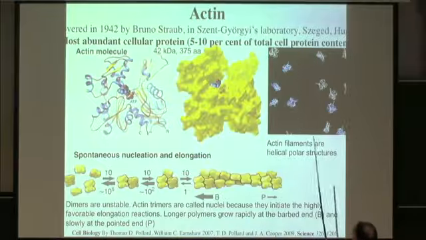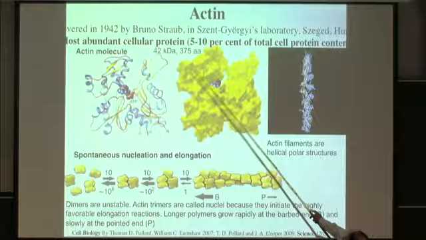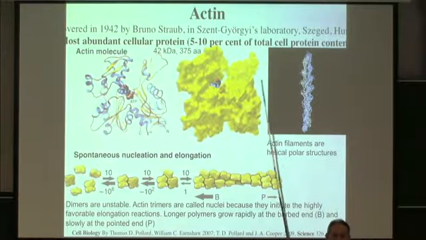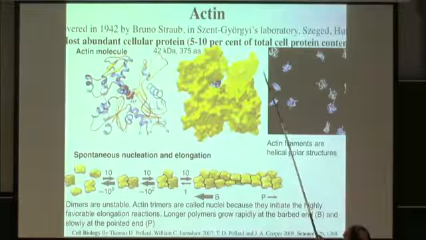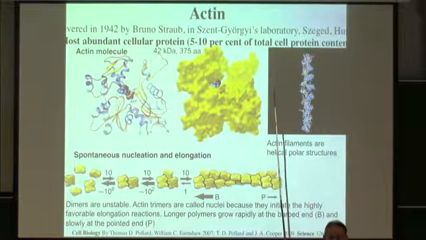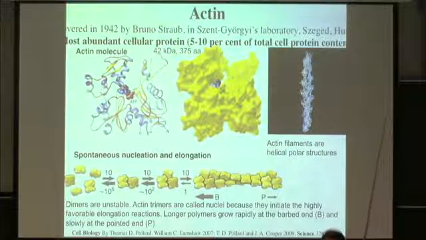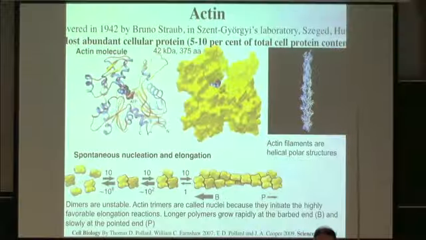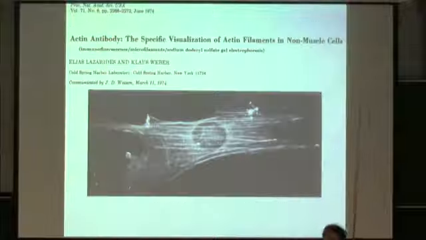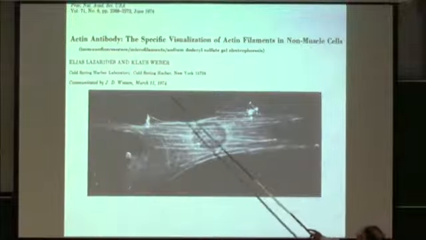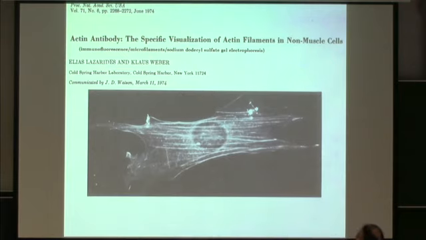Now, actin was discovered in 1942 essentially as a muscle protein. Actually, the laboratory of St. George studied muscle contraction. But the real breakthrough appeared in the 70s, when Elias Lazarides and Klaus Weber succeeded in obtaining antibody to actin, and then when they stained cells, just fibroblasts in culture, they found these very nice bundles or fibers.